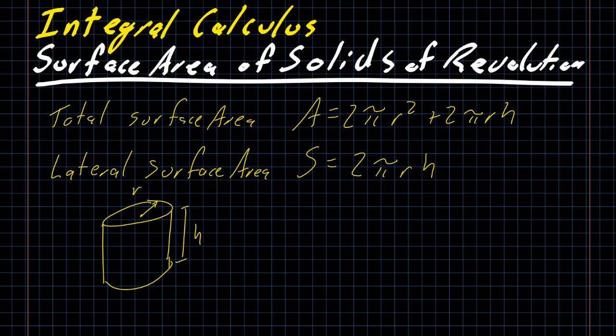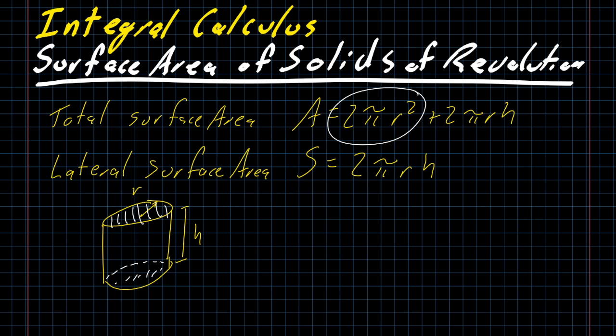So what's different? Well, in the total surface area, we have an extra term, 2 pi r squared. And, well, that looks somewhat familiar. Pi r squared is the area of a circle. And, well, there's a circle, and sitting down at the bottom of the can, there's another circle.